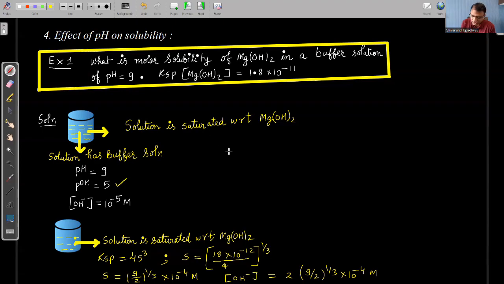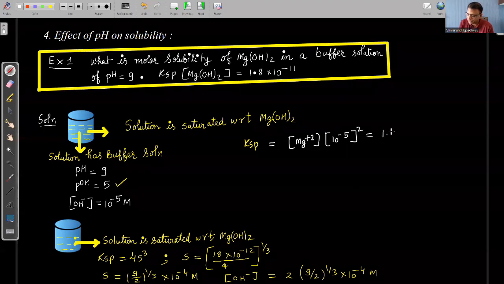We are not changing the temperature, so we can use the concept that the Ksp value for magnesium hydroxide can be written as the concentration of magnesium 2 plus ion times the concentration of OH minus, which we know from the pH, that is 10 to the power minus 5 whole square. The Ksp value they have given is 1.8 into 10 to the power minus 11.